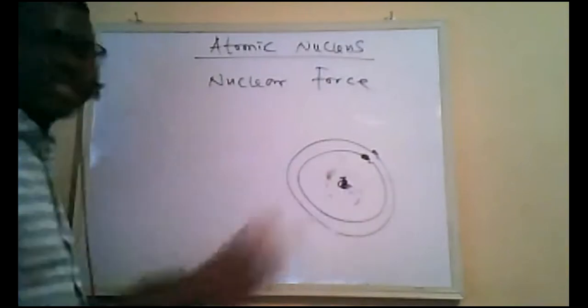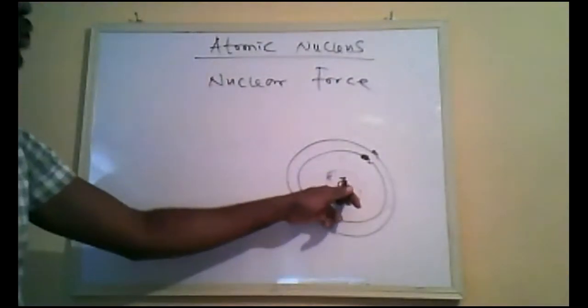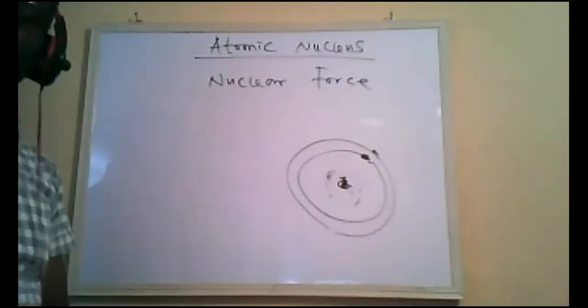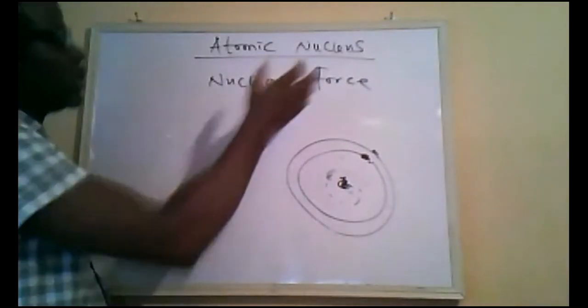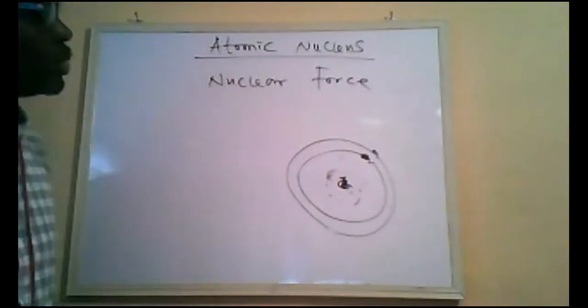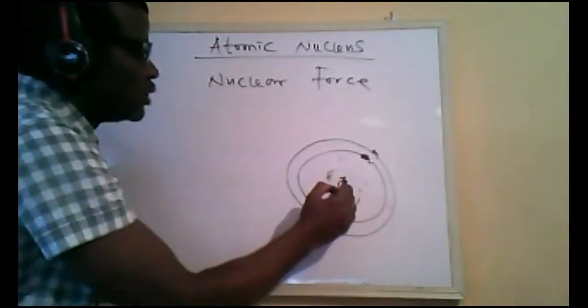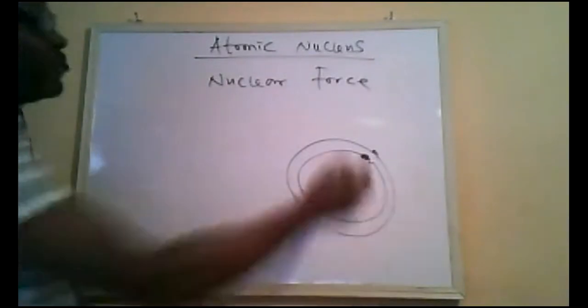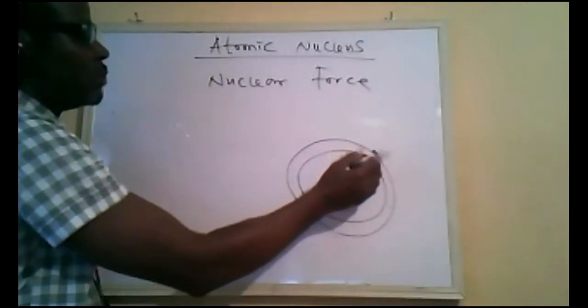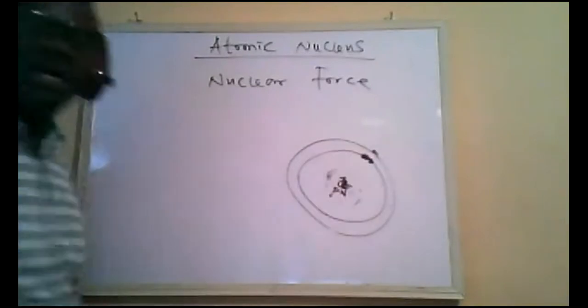It is a very short-range, very strong force that holds the constituents of the nucleus together, that's the proton and the neutron. A very strong attractive force, different from the Coulombic repulsion between electrons.